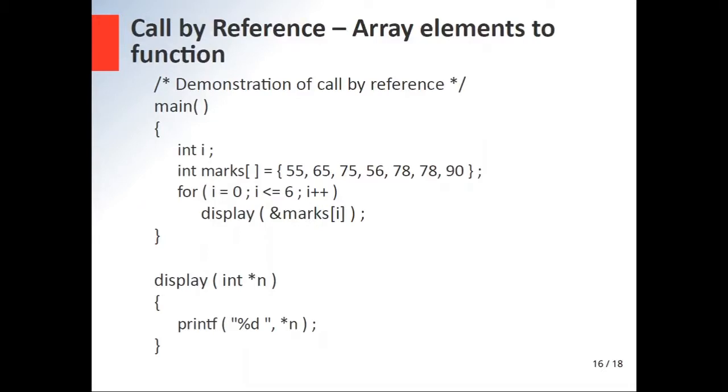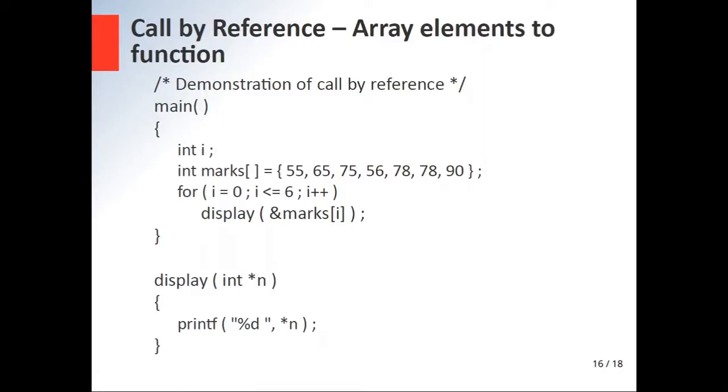So now we will see the main function. Inside the main, we have the marks array, which is declared as an integer array and initialized with the 7 values. Now, using the for loop, we are accessing each element in the array. But instead of passing the value, we are passing the address of that location.